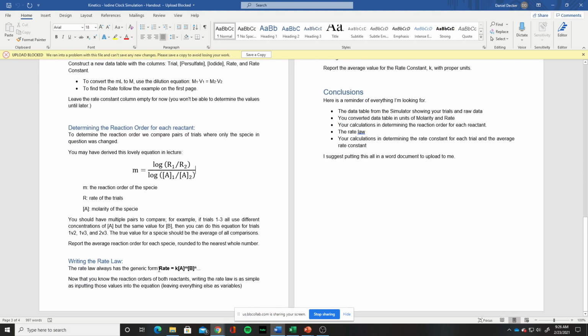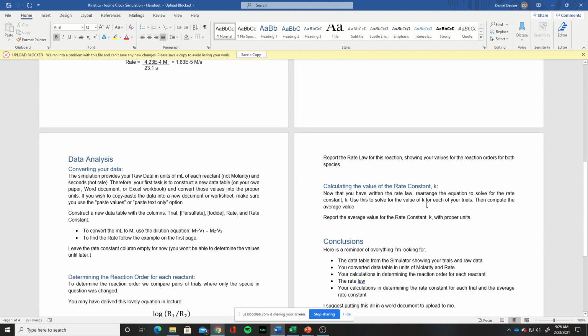So you would have just the rate is equal to k times iodide raised to whatever number, probably 1 or 2, but I actually don't remember what this is set to give you. And then persulfate raised to some number.